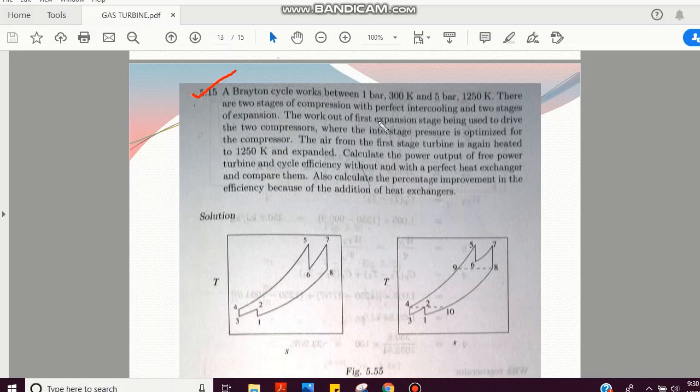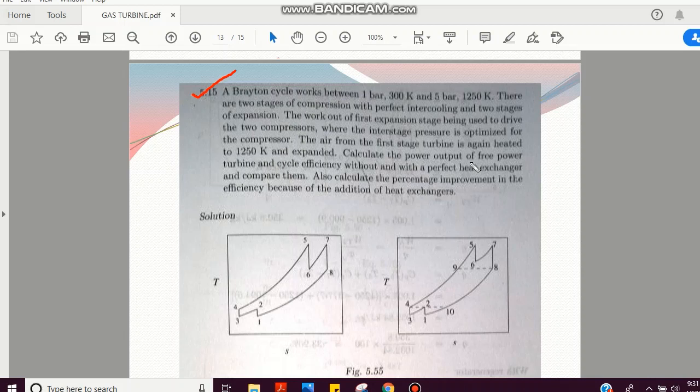That means the first turbine, the first expansion stage, that means 5 to 6, is used to drive the two compressors, where the interstage pressure is optimized for the compressor. The air from the first stage turbine is again heated to 1250 Kelvin and expanded.